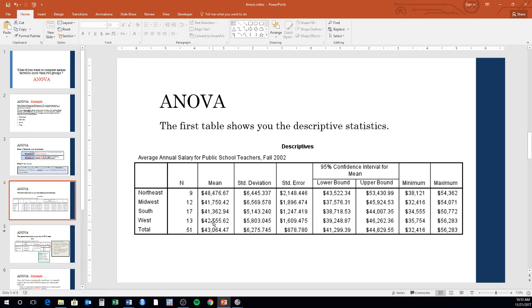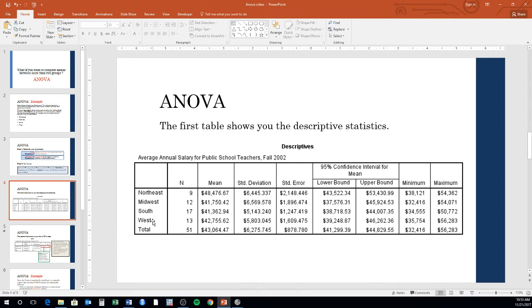From these descriptive statistics, you can kind of make guesses as to what you're going to find. From these numbers, you see that teachers in the Northeast make a lot more money, about $7,000 more on average than teachers from the Midwest, the South, and the West.